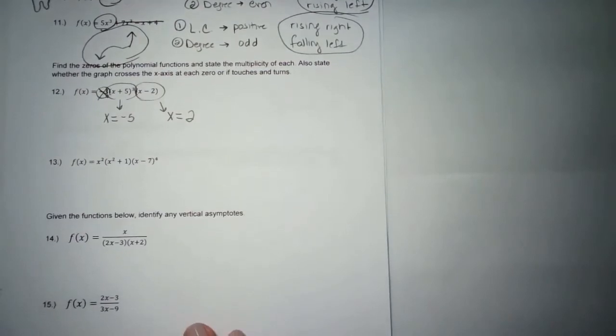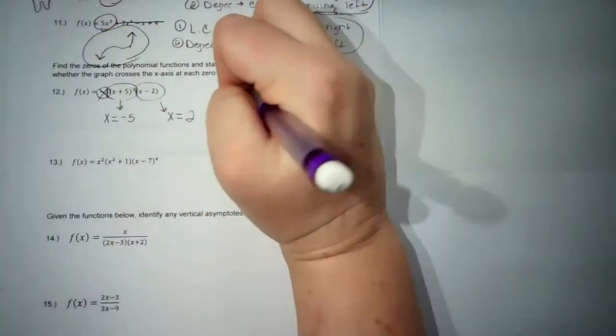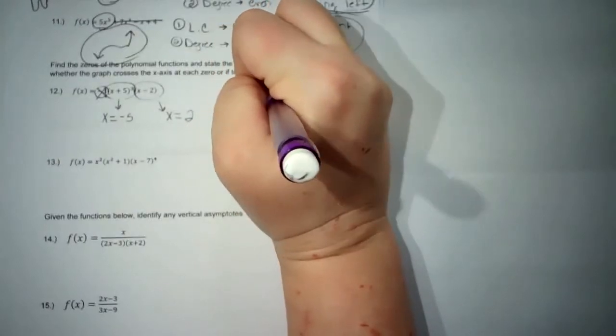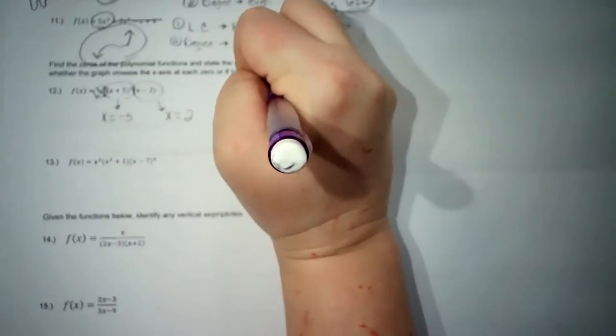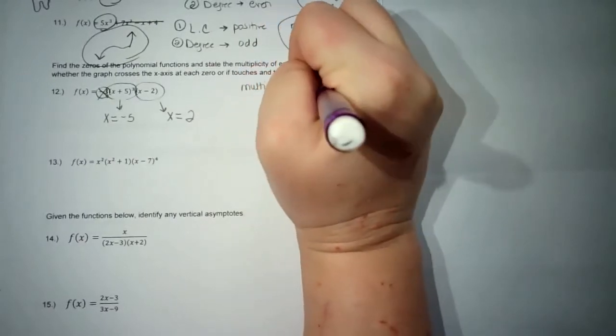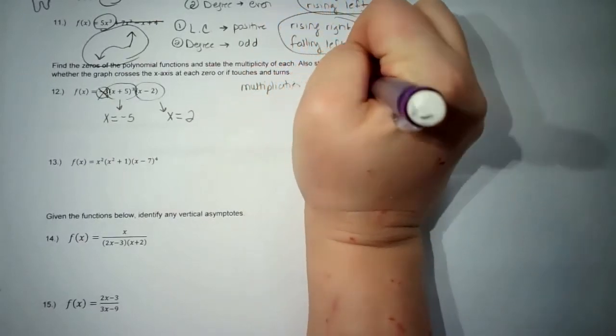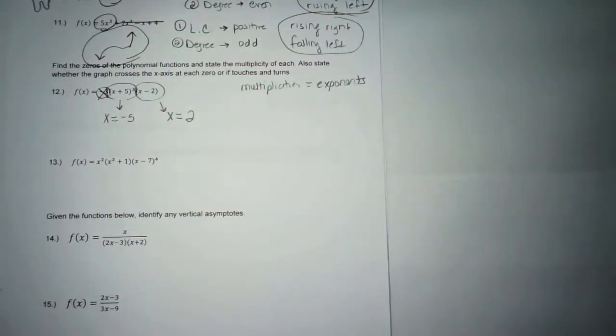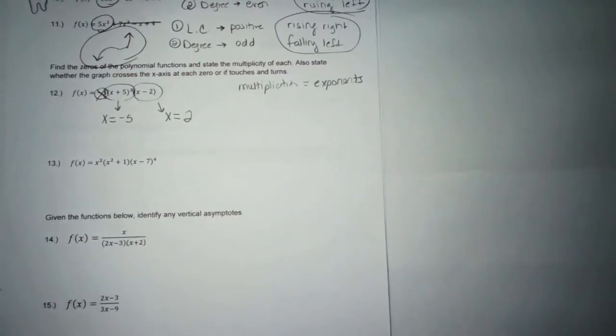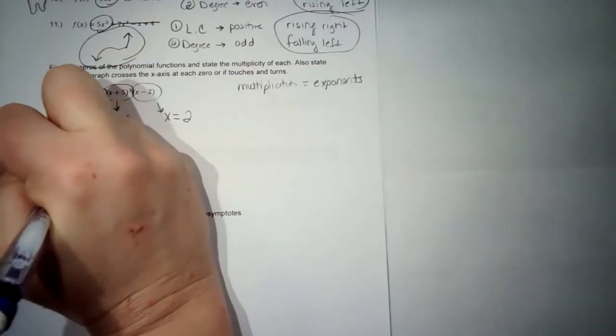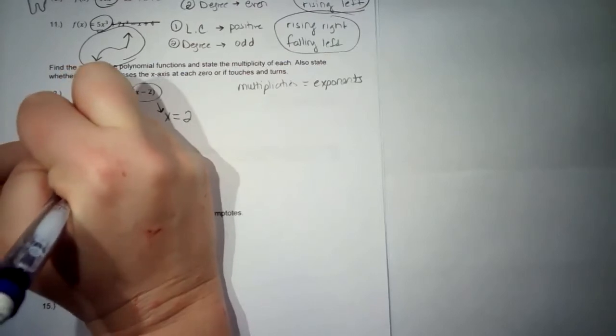Good question. So first thing we did, we found our zeros. Everybody good with that? Second question, it wants the multiplicities. Multiplicities are the exponents. That's all they are. I'm not going to write multiplicity over, I'm just going to write mult.